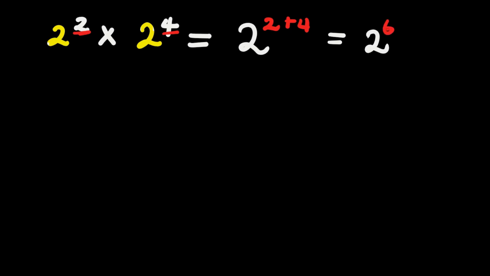Then what do we do with the exponents? Our answer now would have to be 2, we keep it as it is. Then we deal with the exponents: 2 plus 4 will give us an answer of 2 to the power of 6. And that's how we apply law number one of exponents.